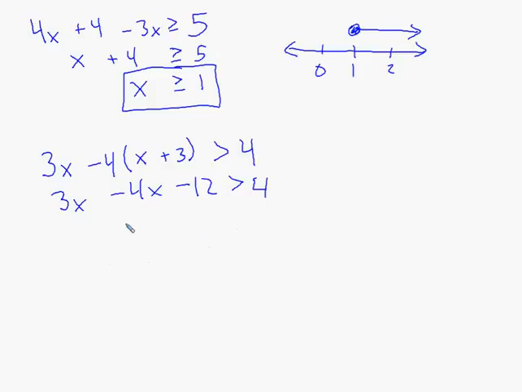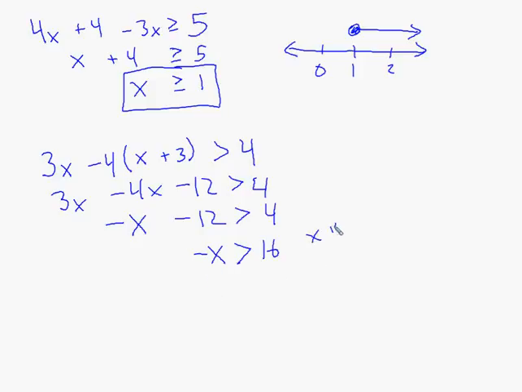And you combine the x's. And what do we get? Careful, negative x. Now what? Plus 12 for both. Okay, so we get negative x is 16. Don't drop that negative, because 3 minus 4 is negative 1.